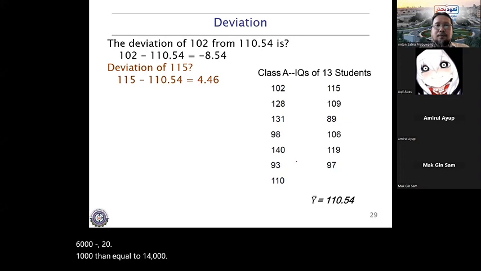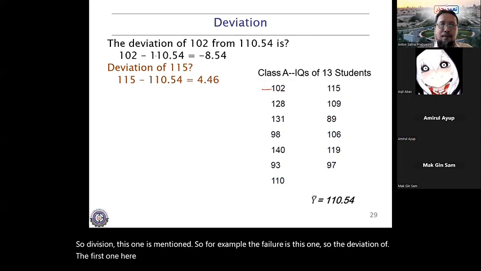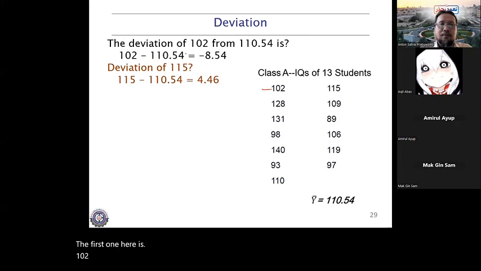So deviation is mentioned. For example, the deviation of the first value here is 102 minus 110.54, equal to minus 8.54. 110.54 is actually the mean of the data.